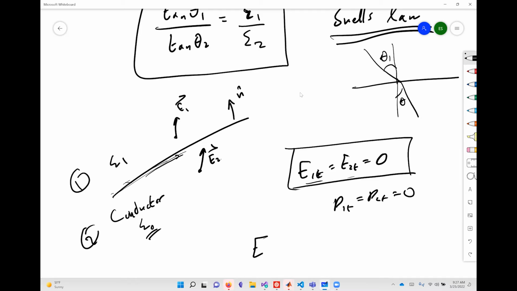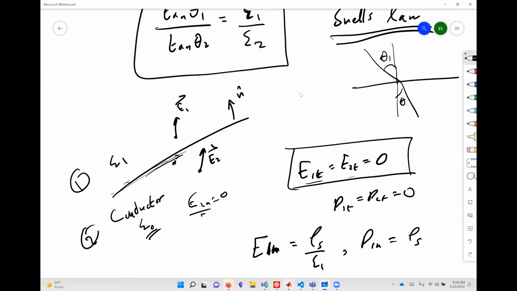The other condition we derived is that E1n, the normal component of the electric field, depends on the charge density, rho s over epsilon 1. So D1n equals rho s. What is E2n? E2n is 0. There is no field inside the conductor. So you established that there is no field inside the conductor.